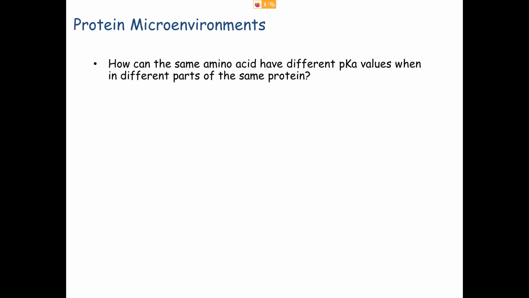So you have a histidine surrounded by a bunch of aspartic acids in that local microenvironment. If the histidine were all by itself, we'll say its pKa is 6.0, if it were just isolated. But in this microenvironment, what do you think will happen to its pKa?